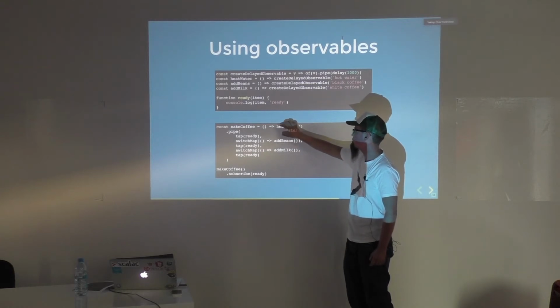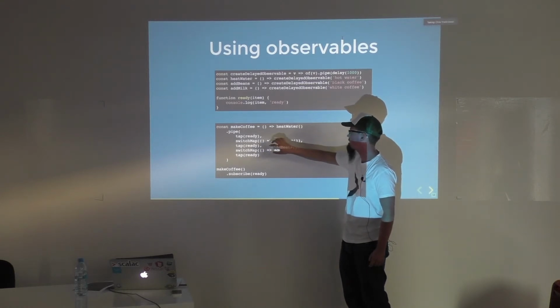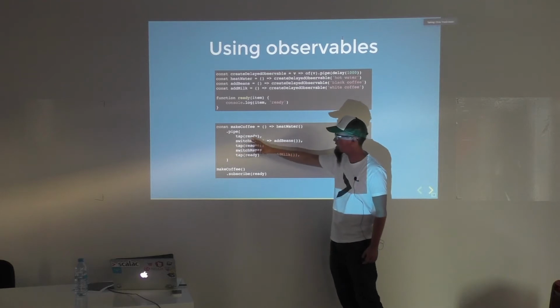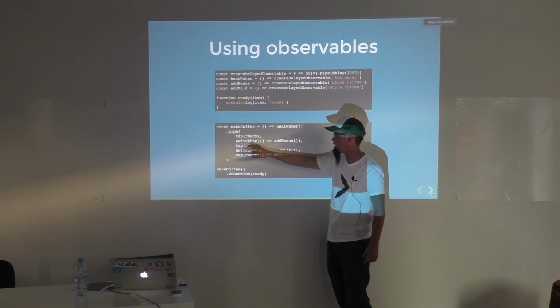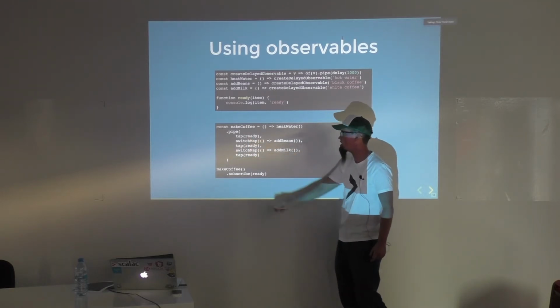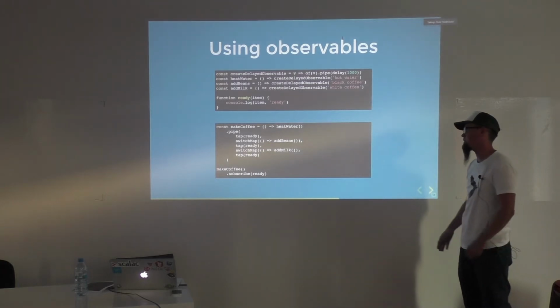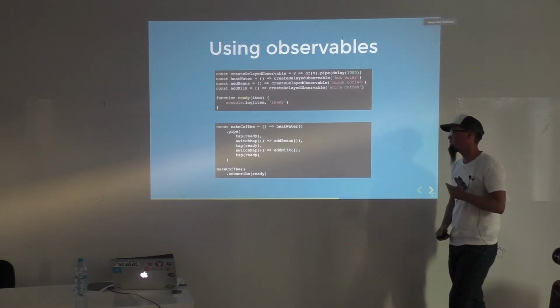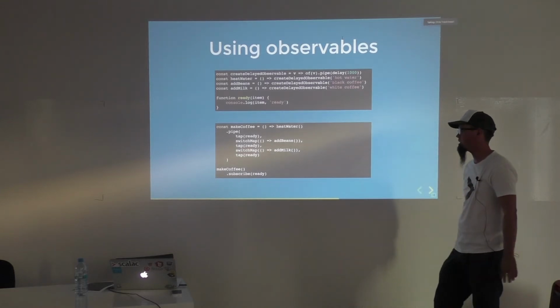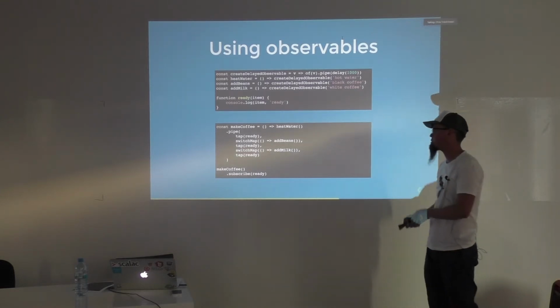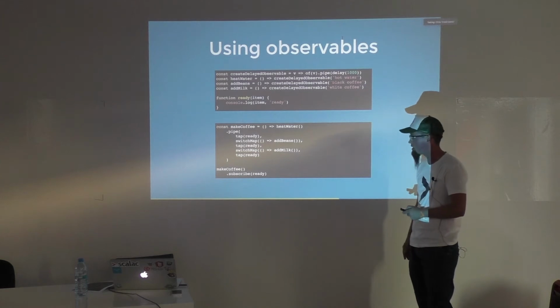So when the water is heated, we will switch to another observable, which is add beans. In this case, it works pretty similar to the then function, but the then function does a lot of things implicitly. This way we say explicitly that we expect an observable here.